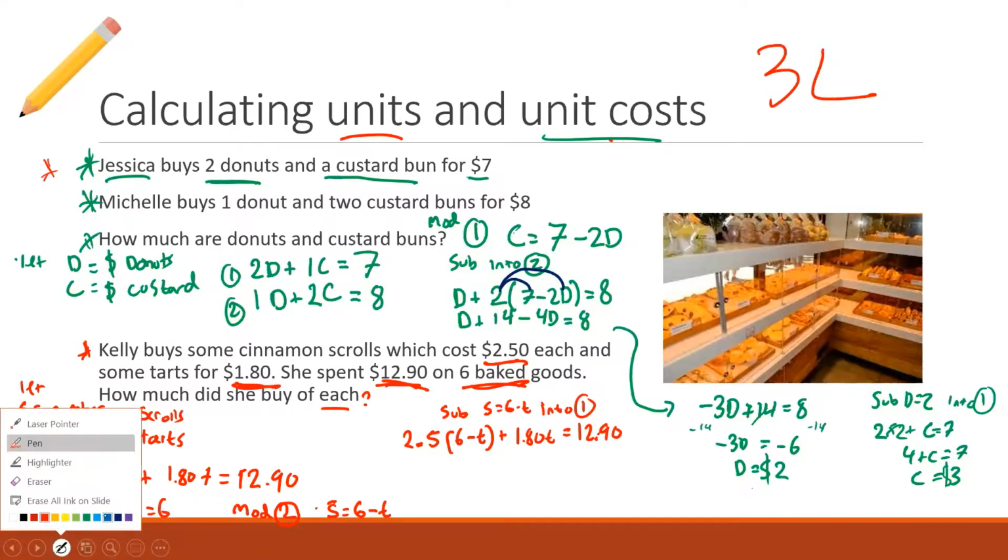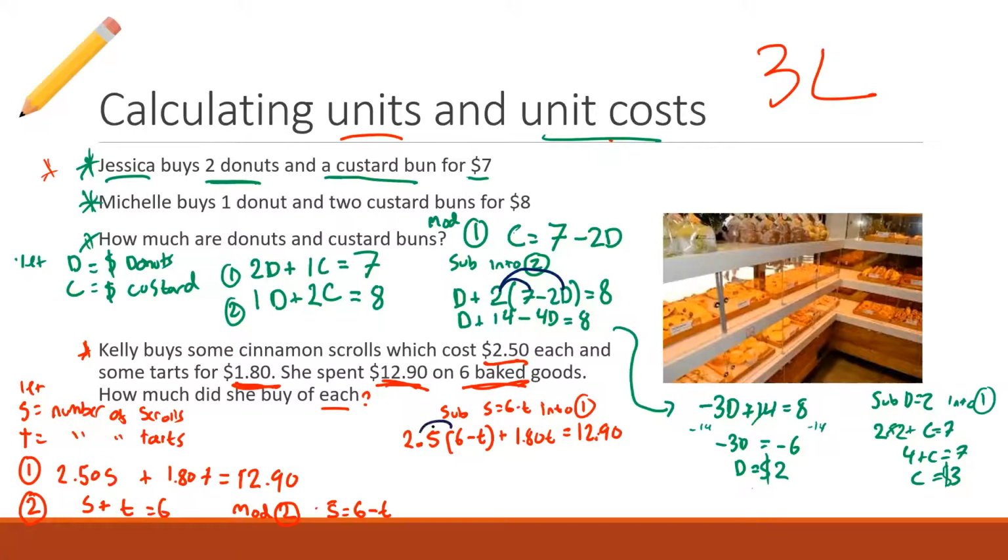We're going to expand this here. $2.50 times 6 is going to be 15, minus 2.5T plus 1.8T equals 12.9. I'm going to deal with the T's now and bring all the T's together.